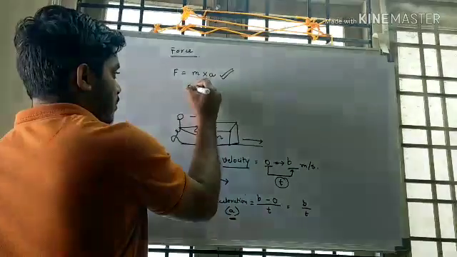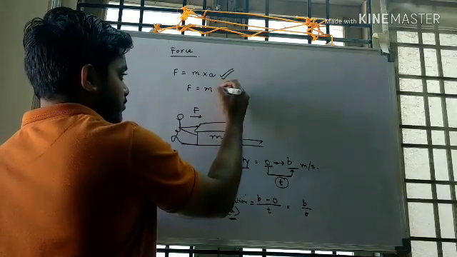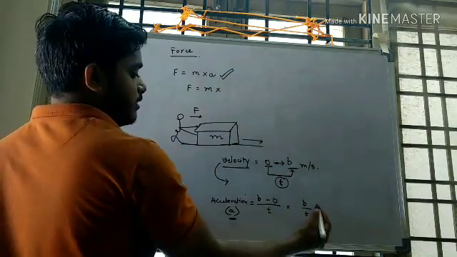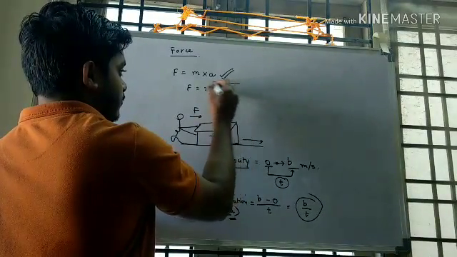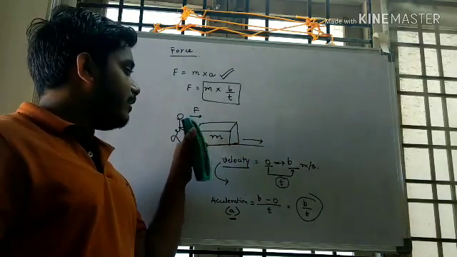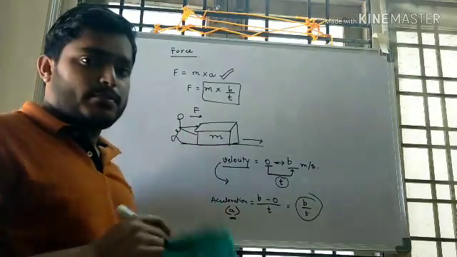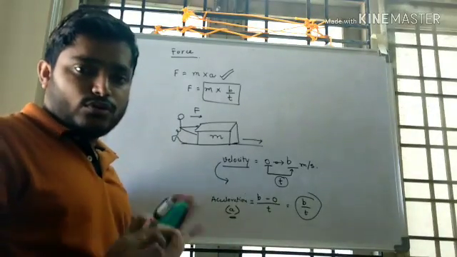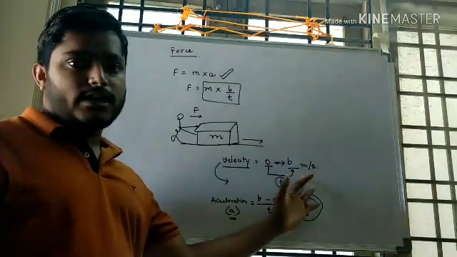So the quantitative definition of force is given by the mass of the object into the acceleration, which in this case is b by t. This is the total amount of force that I applied on the mass m to move it through a distance and accelerate it for time period t.